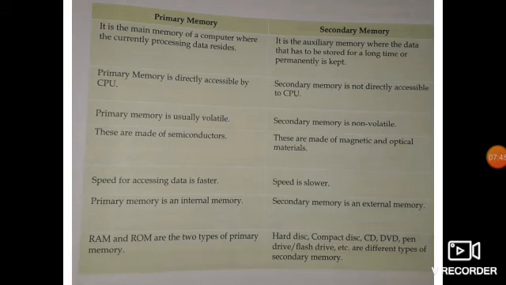Primary memory is an internal memory, whereas the secondary memory is an external memory. RAM and ROM are the two types of primary memory, and examples of secondary memory are hard disk, compact disk, CD, DVD, pen drive, flash drive, etc.